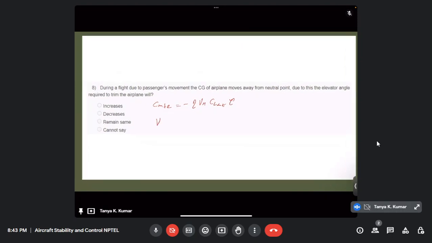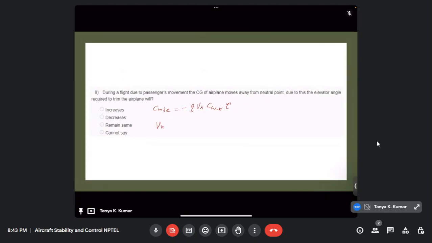How do you define VH? Horizontal tail volume ratio. How is this defined? ST LT by SC. And what is LT? X bar AC of the tail minus X bar CG. You have an XCG here, right?